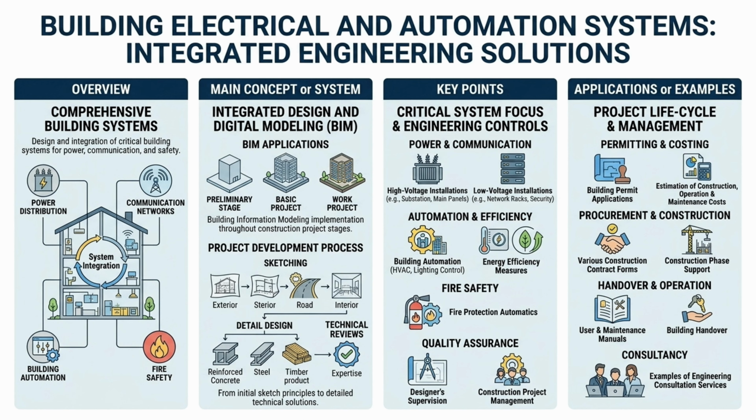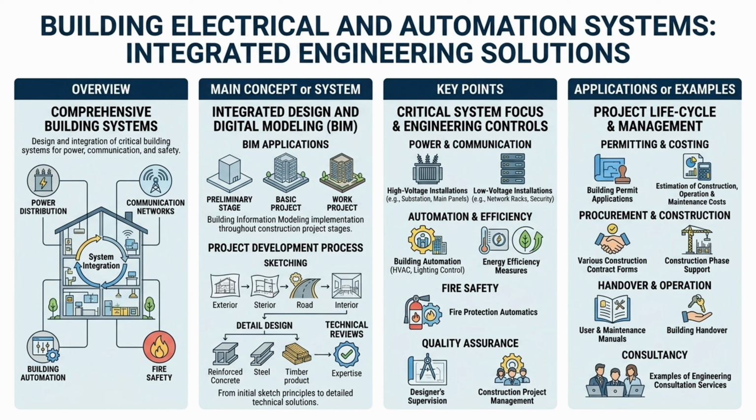Additional quality assurance is prioritized through the design, supervision and construction project management to ensure the work meets all necessary standards. These technical solutions are put into practice across the project life cycle and its ongoing management. Initial steps include applying for building permits and accurately estimating the cost of the construction, operation and maintenance.